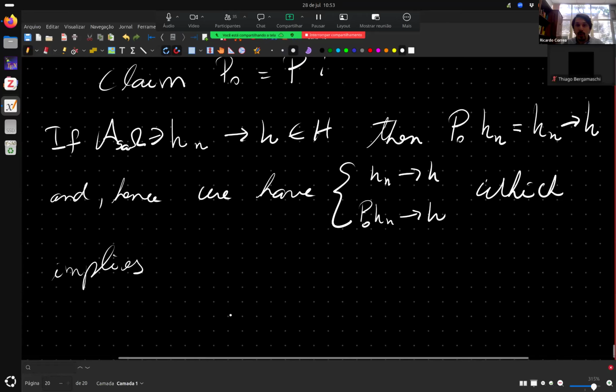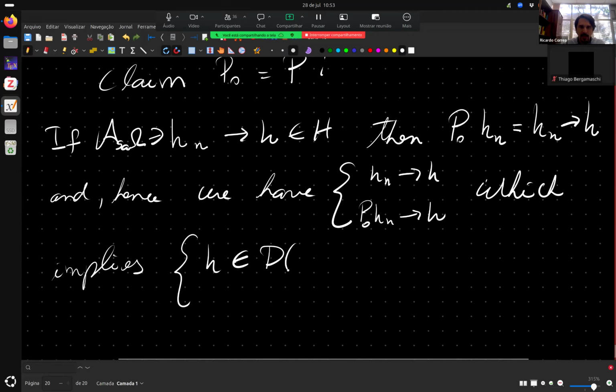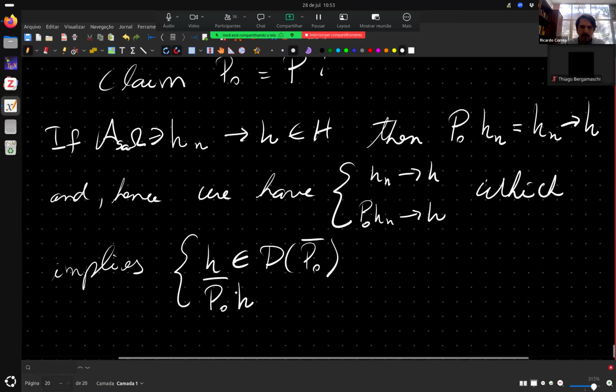which I already know is closable because it is a subprojection of a closed projection, then P0 bar has no option but to have H belong to the domain of P0 bar, and P0 bar of H should be H, because of this thing here.